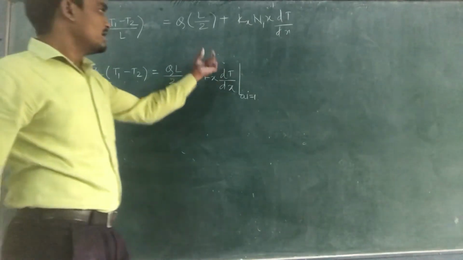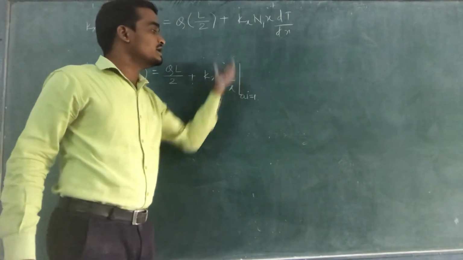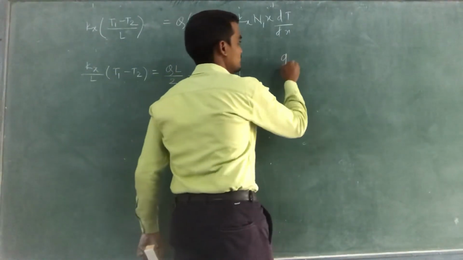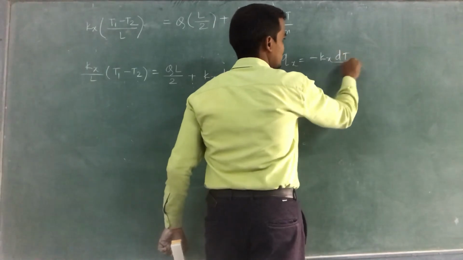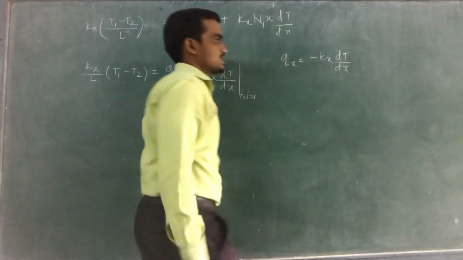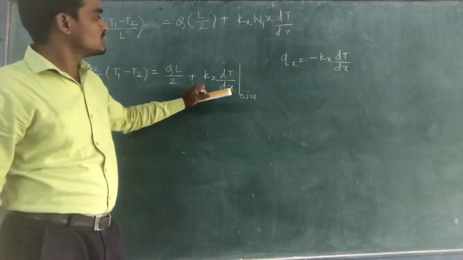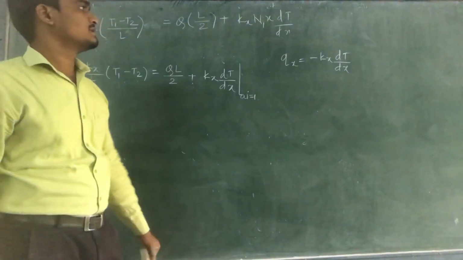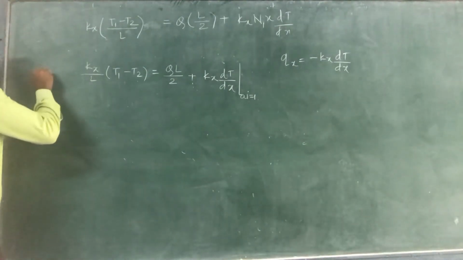You can write this because this is a boundary condition. This is nothing but a heat flux. As we know, the heat flux is nothing but minus kx dt by dx. So this is for i equal to 1.